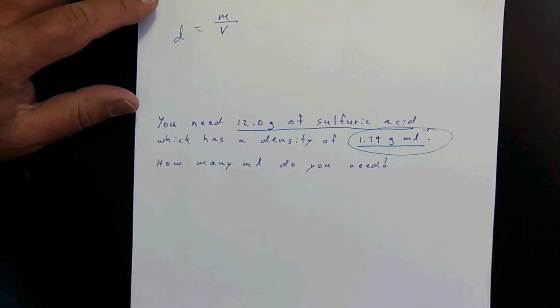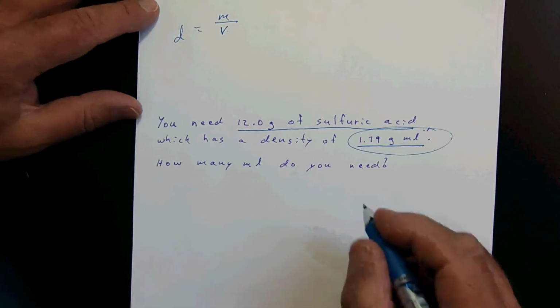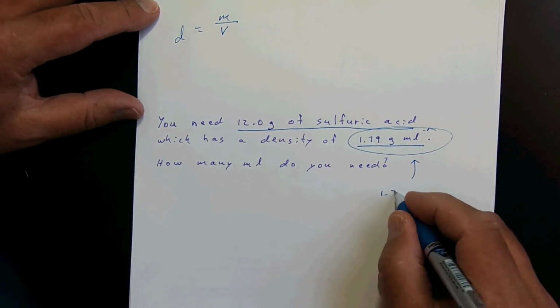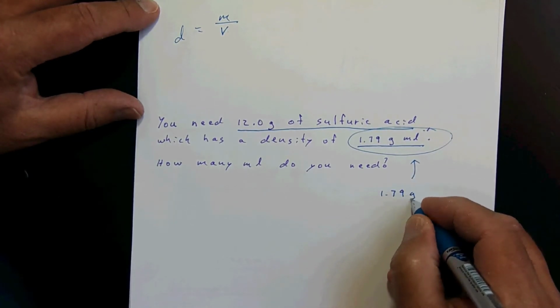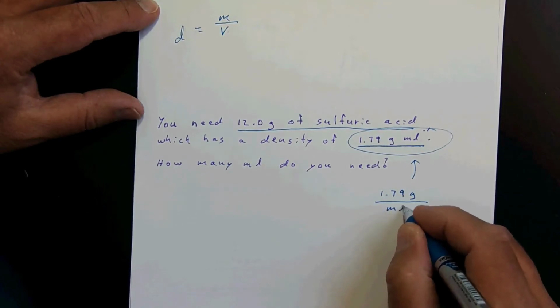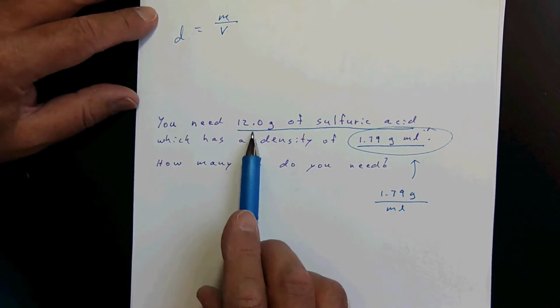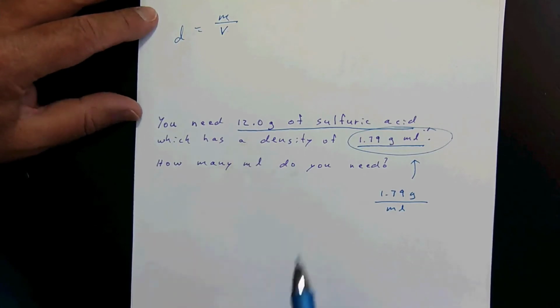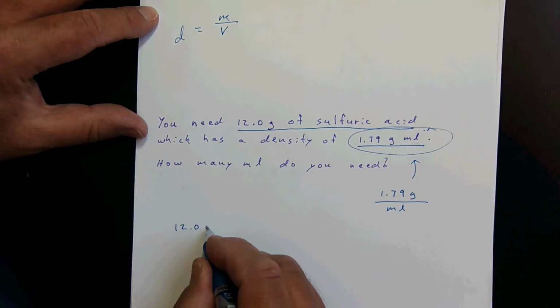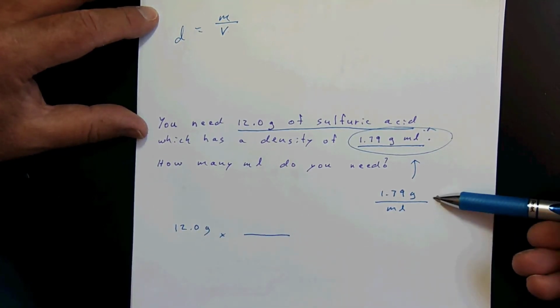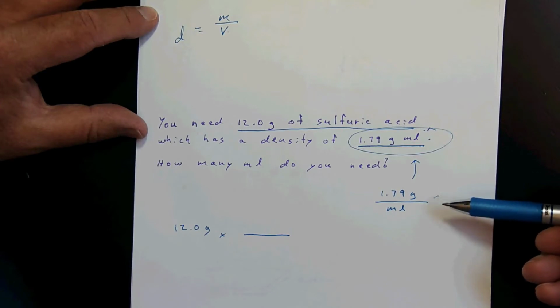Well, if you recognize that this is a conversion factor, this means 1.79 grams per milliliter. You can work this as a conversion factor problem. If you start the problem with 12 grams, that's what you need, 12.0 grams, and you set it up using this as your conversion factor. You set it up so that the units cancel, you'll be good.